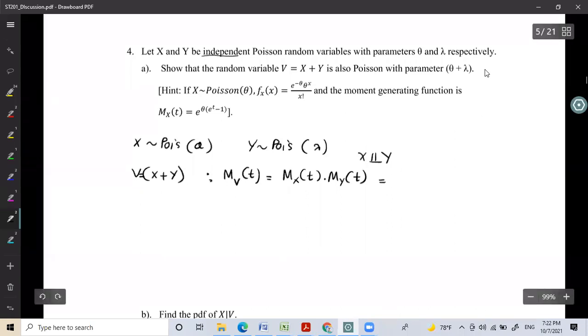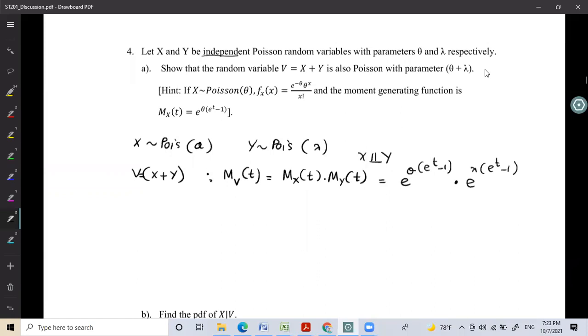When V is X plus Y and when they are independent, the moment generating function of X plus Y is the product of the individual moment generating functions. Okay, so let's write them down. When X has theta, you have e to the theta (e to the t minus 1), times, when Y is lambda, you have e to the lambda (e to the t minus 1).